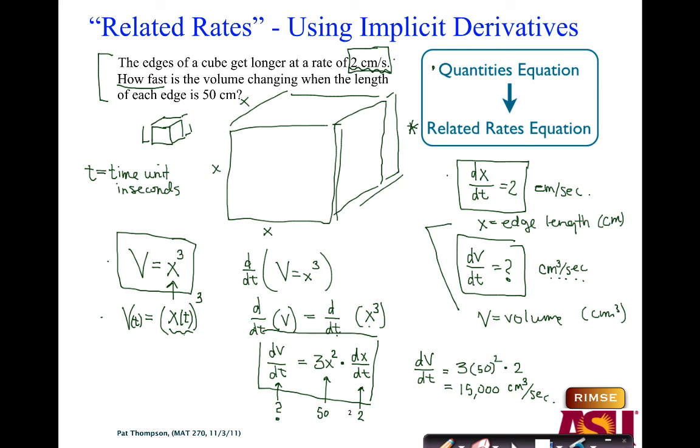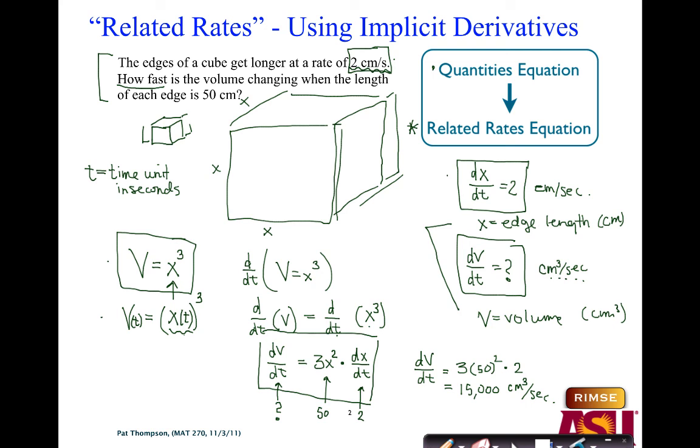The trick to all of this is starting with a relationship between the general measurable quantities that we're dealing with, and then take a derivative with respect to something else, time, usually speaking. Take a derivative with respect to time, which involves some chain rule, implicit differentiation, or implicitly imagining that x is a function of time without writing out the relationship between x and t.